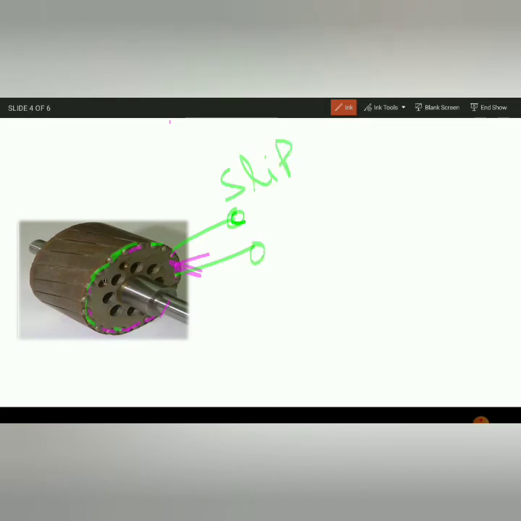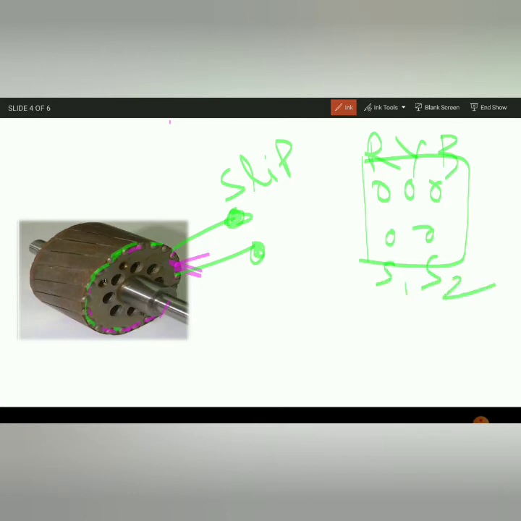Outside we have 5 terminals: R, Y, B for giving the three-phase supply, and apart from this you can find S1 and S2, but not in the case of squirrel cage. S1 and S2 are the slip ring terminals, connected to the end rings. So even in the laboratory, you give the three-phase supply here, and across S1 and S2 you may connect a rheostat.